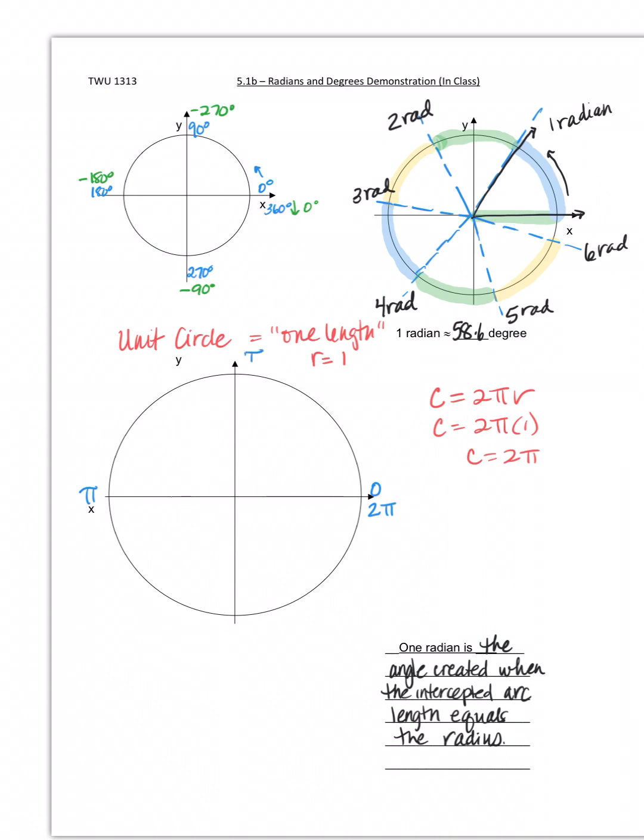So we would say pi over 2. And then what do you suppose goes down at the bottom? 3 pi over 2. So it's 1.5 pi's, right? So 3 pi over 2 goes down here.